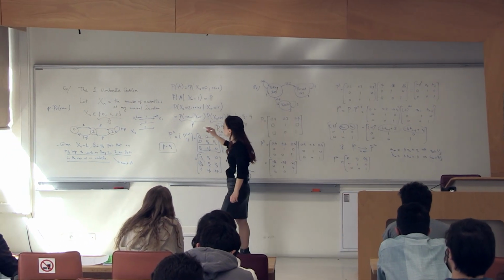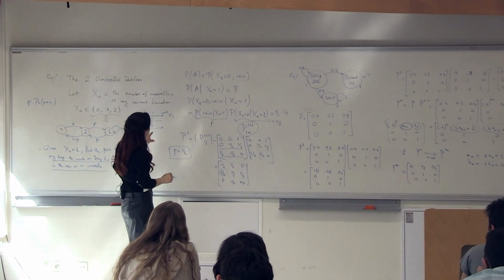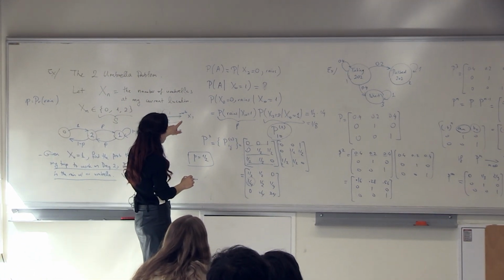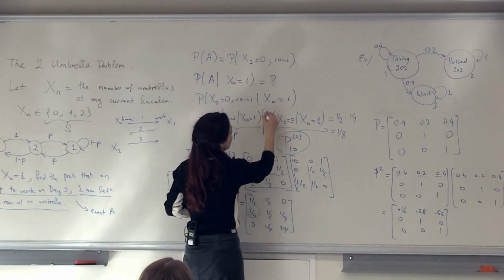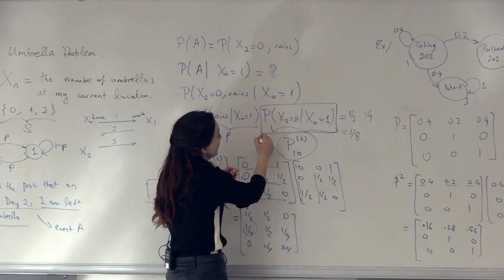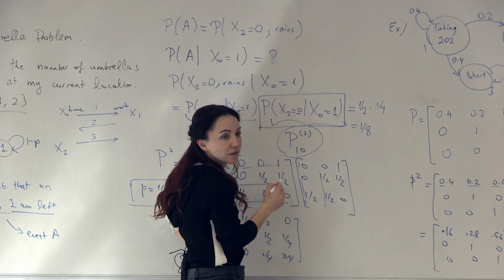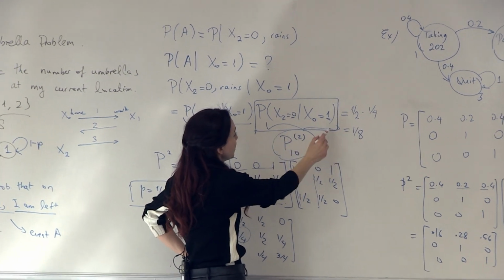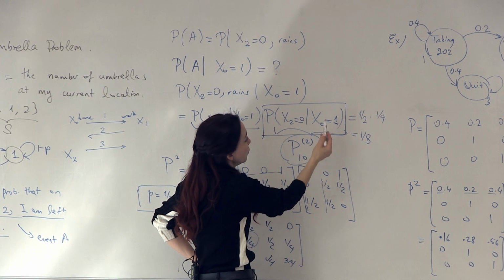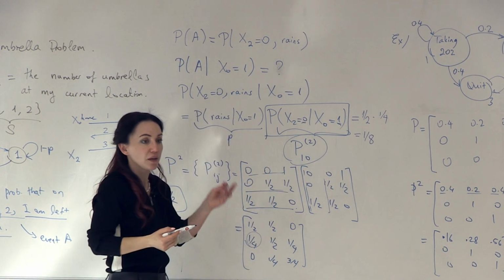At steady state, yes. So basically, that's a very good question. Currently, when I compute the probability that x2 is 0, given x0 is 1, this is the transition probability of going from the one umbrella state to the 0 umbrella state in 2 transitions.